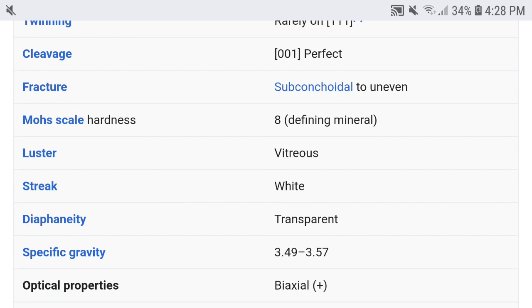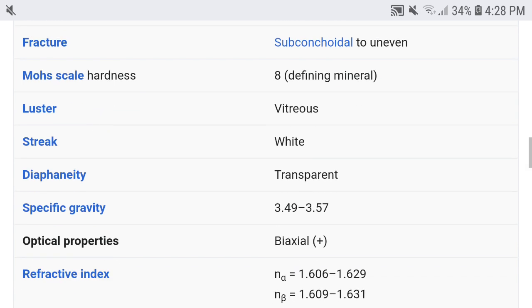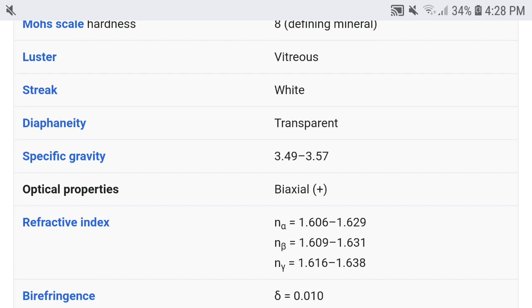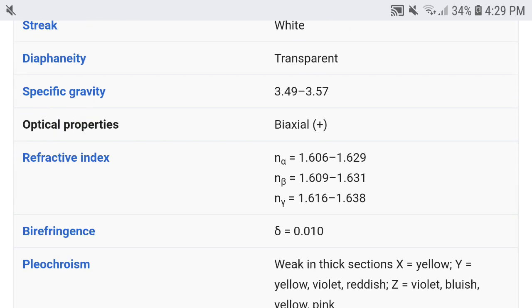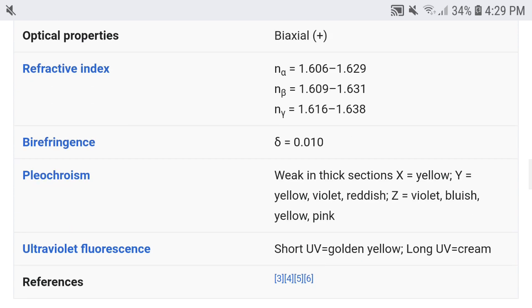Luster will be vitreous, streak will be white, specific gravity will be 3.5. Also transparent, optical properties will be biaxial. That's interesting. Previously, in other minerals, usually they are uniaxial, but this is biaxial. Refractive index will be 1.6. And then pleochroism will be weak in thick sections.